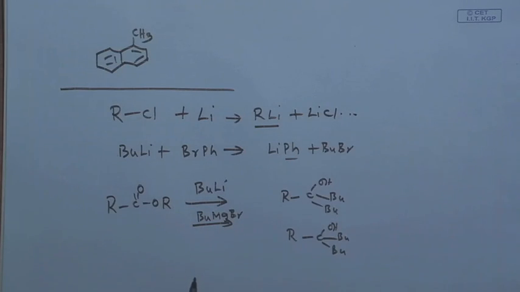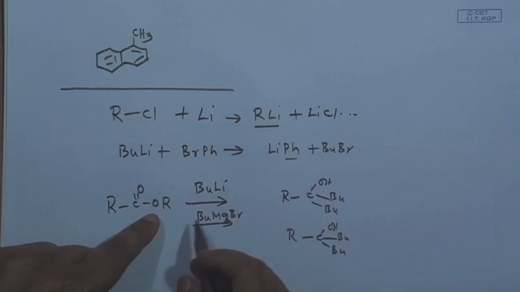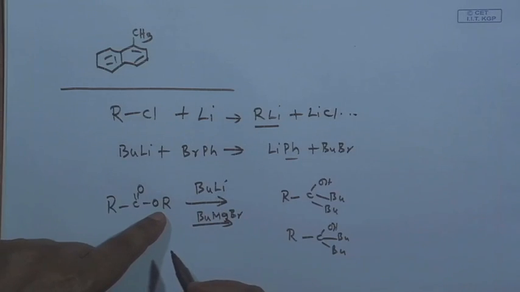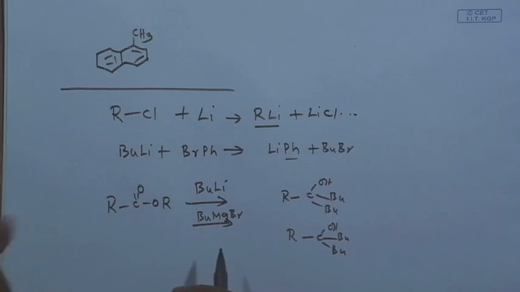That means, by controlling the temperature, you can actually achieve selectivity. At low temperature, maybe you can stop the reaction of this butyl lithium at the ketone stage. There are examples also. So, in a nutshell, organolithiums are much more reactive than the corresponding Grignard, number one.